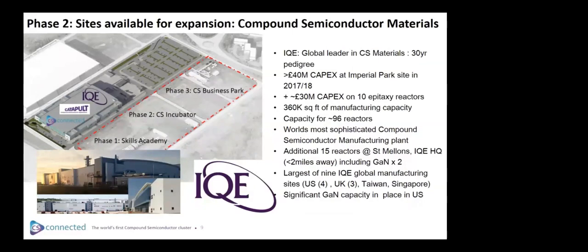This is already the world's most sophisticated compound semiconductor manufacturing plant, and it's complementary to additional capacity at St Mellons, IQE headquarters, where there are already another 15 MOCVD reactors, including 2 dedicated to gallium nitride power materials. This will be the largest of 9 global manufacturing sites, 4 in the US, 3 in the UK, 1 in Taiwan and 1 in Singapore, and complements an existing investment in gallium nitride capacity in place in IQE US.